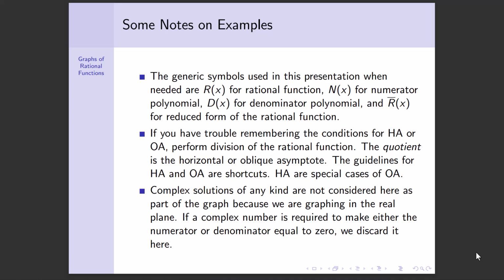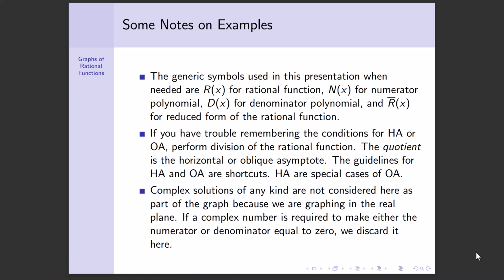Now, if you have trouble remembering the conditions for horizontal asymptotes or oblique asymptotes, you may go ahead and perform division of the rational function. The quotient is the horizontal or oblique asymptote. The guidelines for the horizontal asymptote and the oblique asymptotes are merely shortcuts to circumvent this arithmetic.